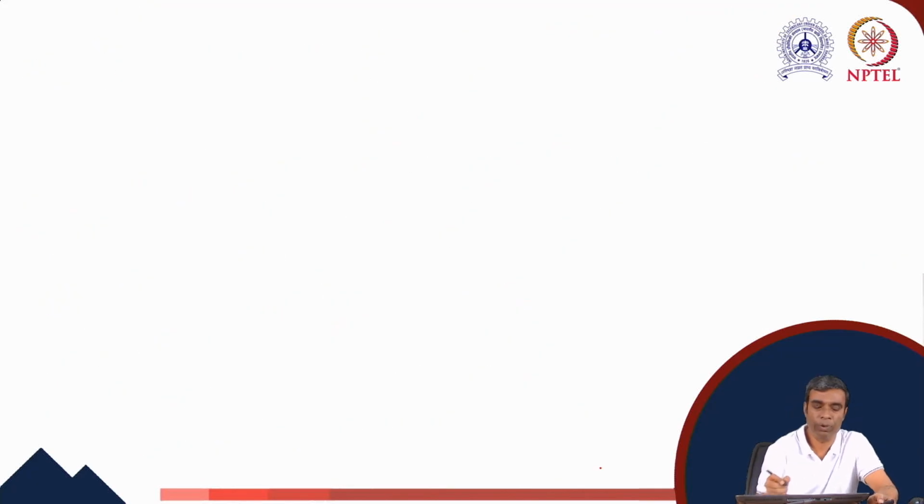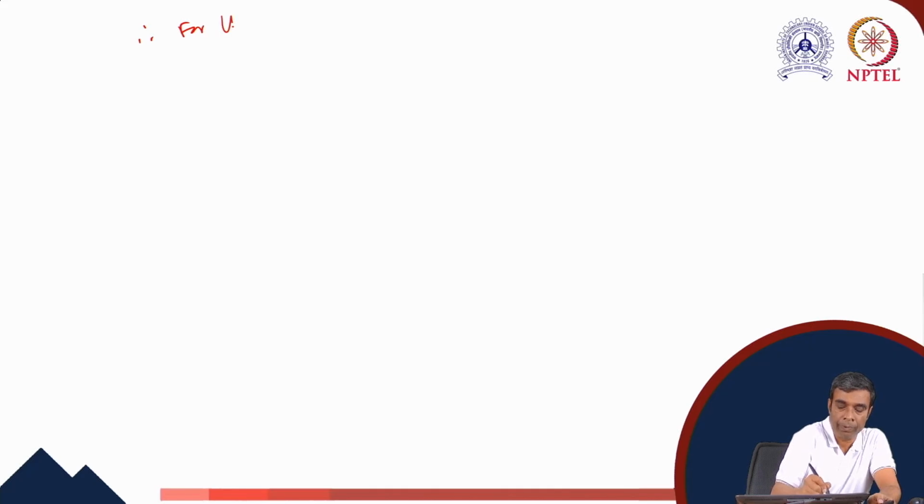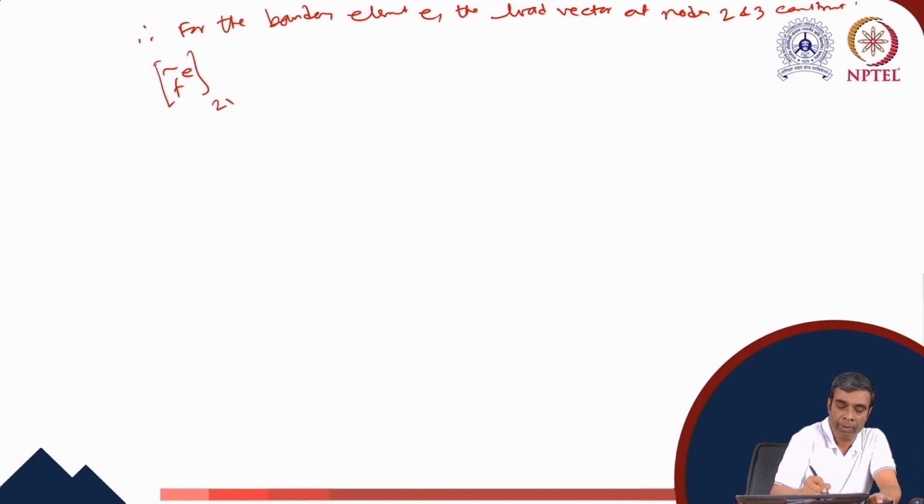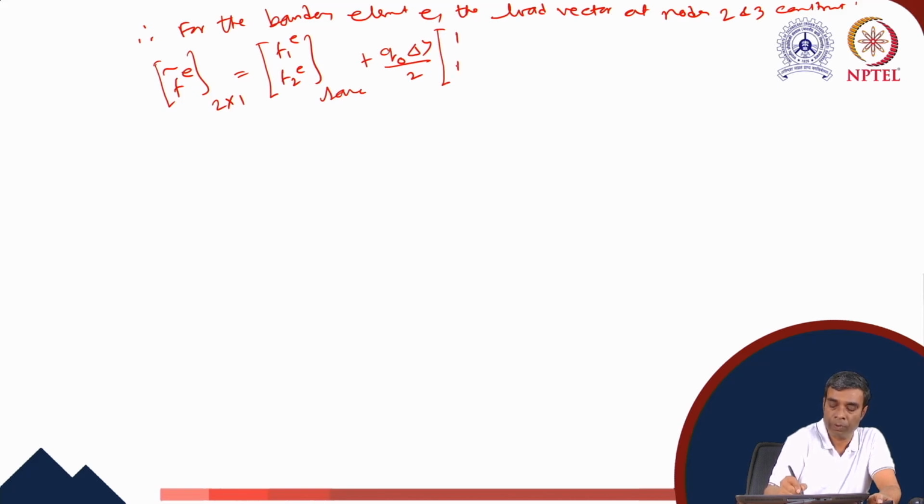So, for the boundary element E, the load vector at nodes 2 and 3 construct Fe tilde, 2 by 1, equals F1E, F2E from the source term plus Q0 delta y by 2 into 1, 1.